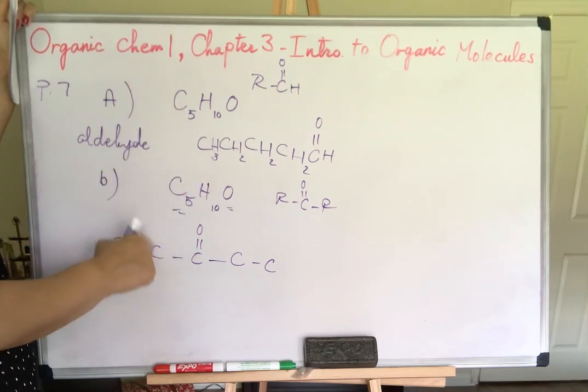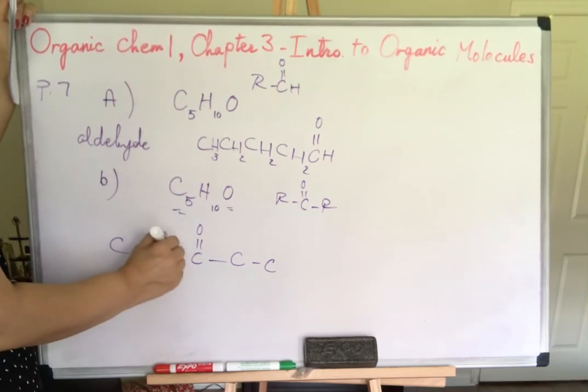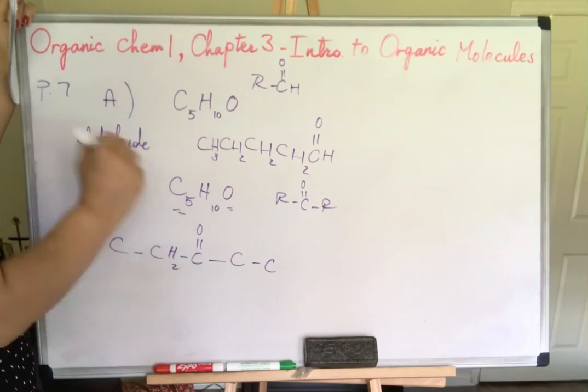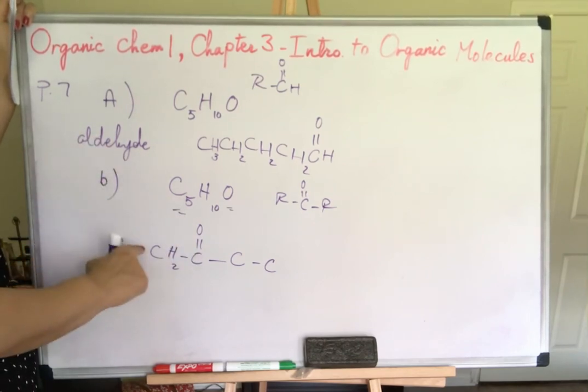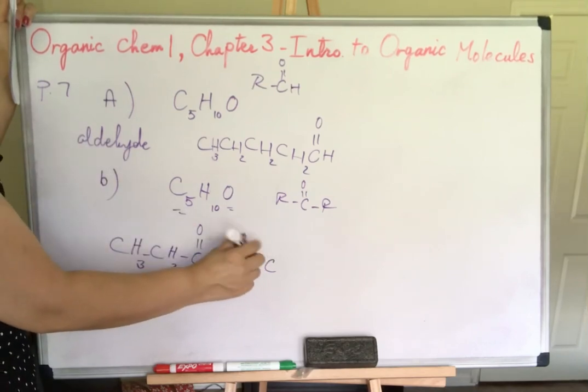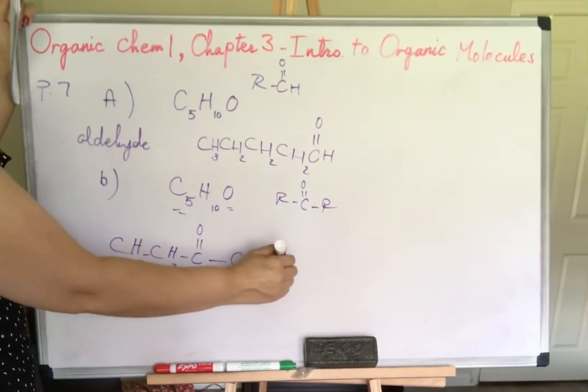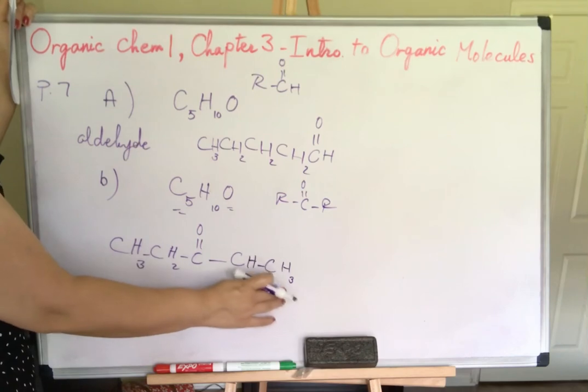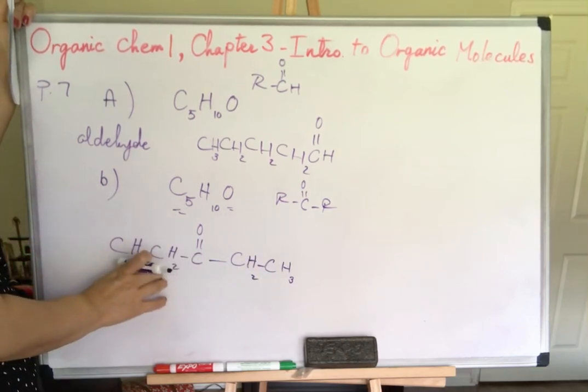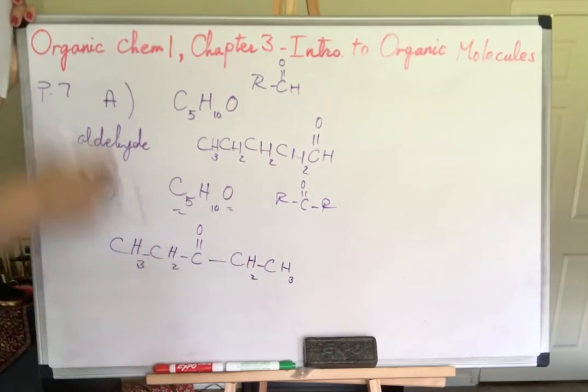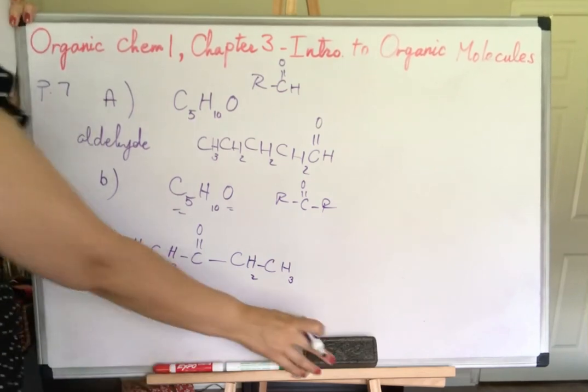How many more bonds do we need around this? 2. So we have a CH2. How many bonds do we need around this carbon? 3. So we have a CH3. And the same story on the other side. Count. 3 and 2, 5. 3 and 2, 5. 5 and 5, 10. So that's the formula.